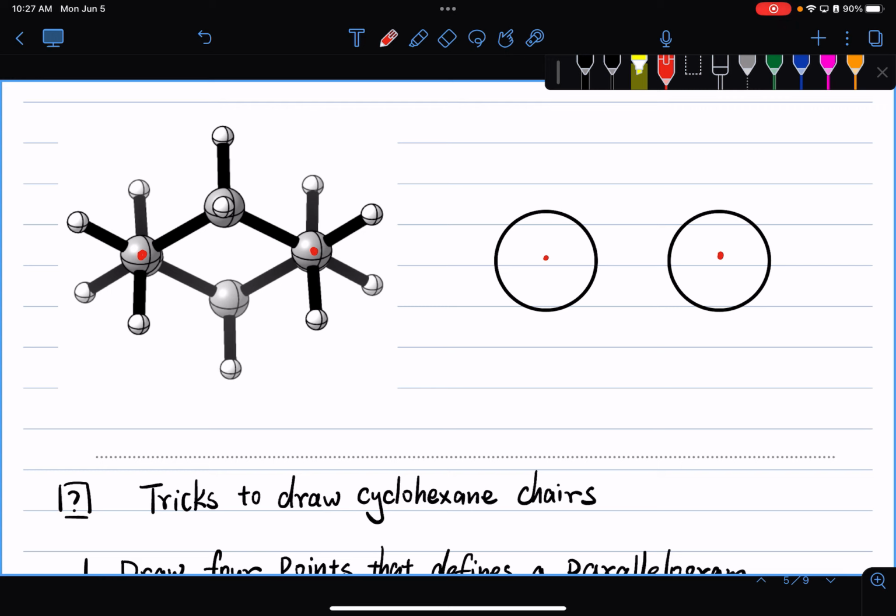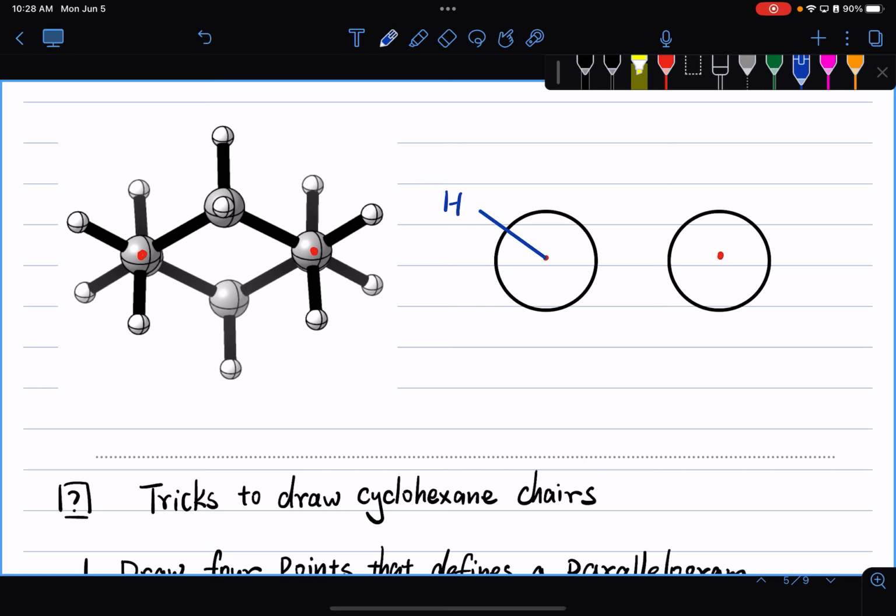Those red dots represent the two carbons in the front, and two carbons in the back, likewise. Now on each of these carbons, you have three groups attached to it. I mean, you have four chemical bonds on each carbon, right? One is the carbon behind it. And then on that carbon, you have one CH2 attached to it, that's in the middle, and then two hydrogens attached to it. Now let's draw that out.